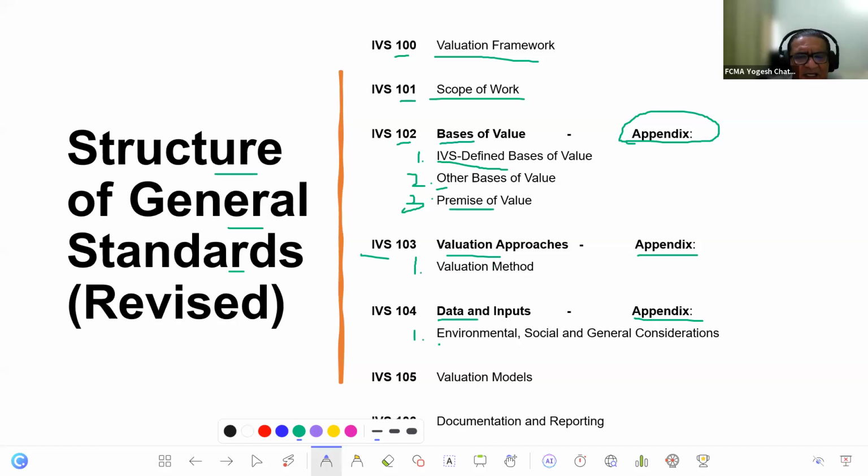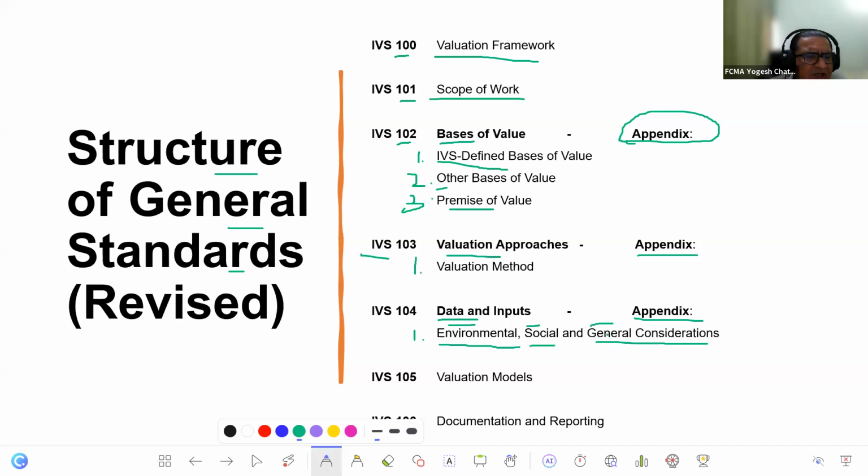Now the consideration of environmental, social, and governance factors is compulsory, mandatory going forward. I am sorry, there was a typographical error: it is environmental, social and governance consideration, not general.